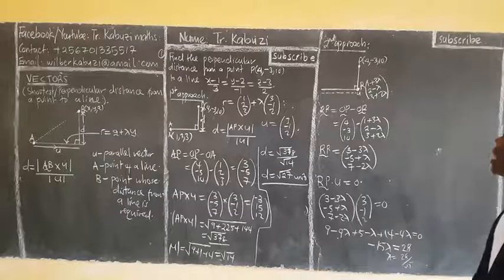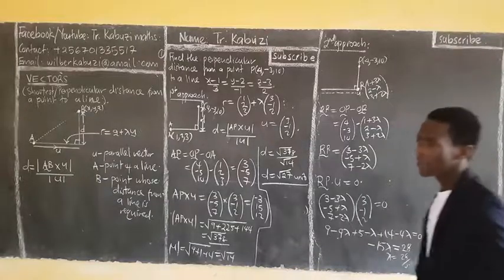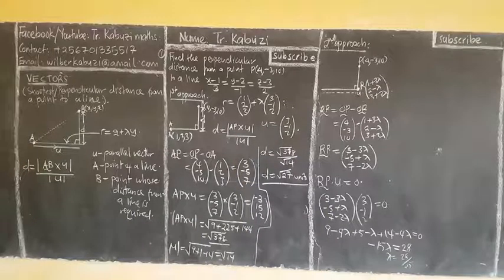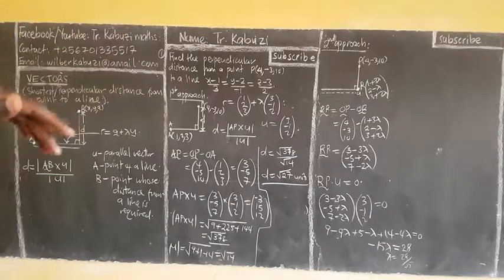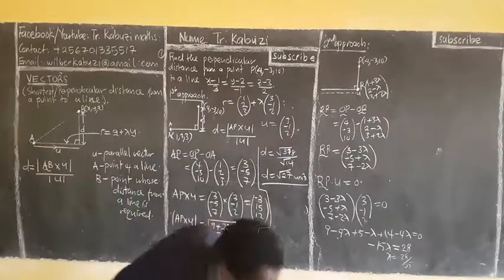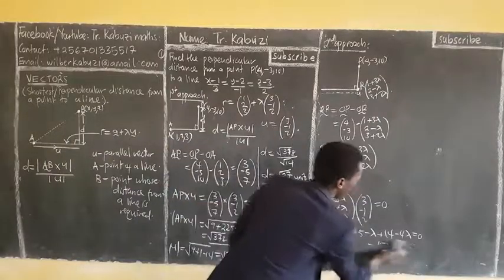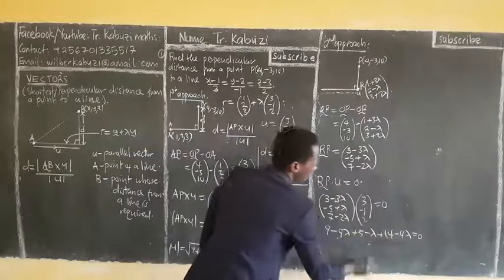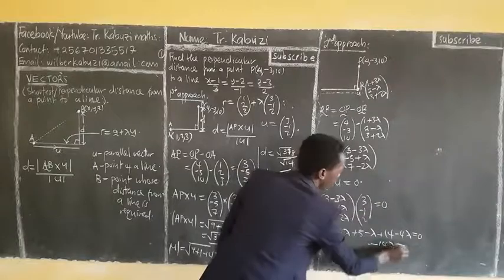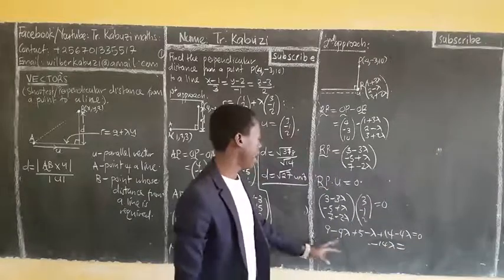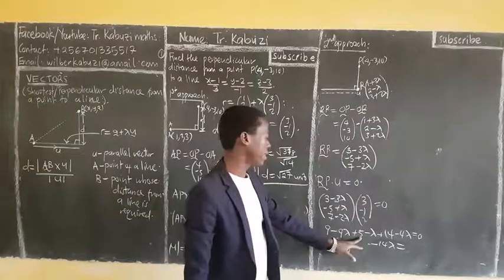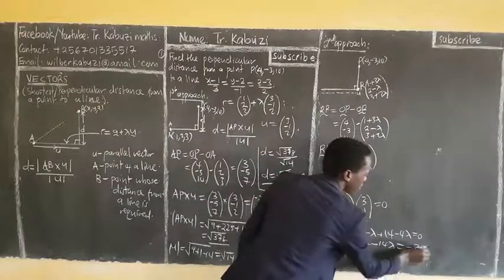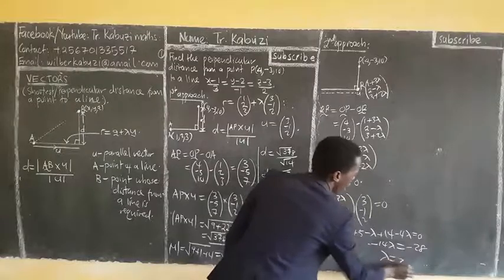So members, from there we get this value of lambda. Okay, so members, here we had negative 9 minus, that's negative 10, minus this will be giving us negative 14 lambda equaling 2. Now this is 9 plus 5, that's 14, plus 14, that's 28. When I take the other side, it becomes negative 28. And from here, my lambda is 2.